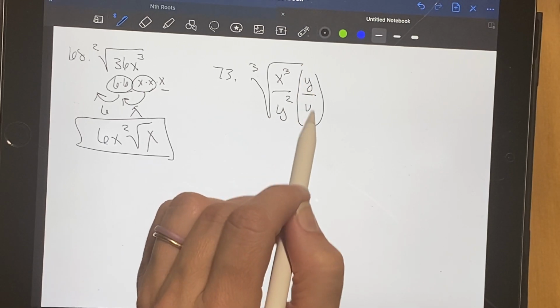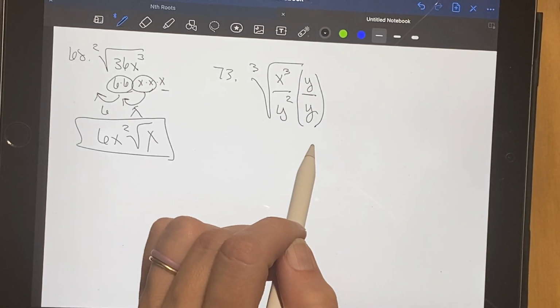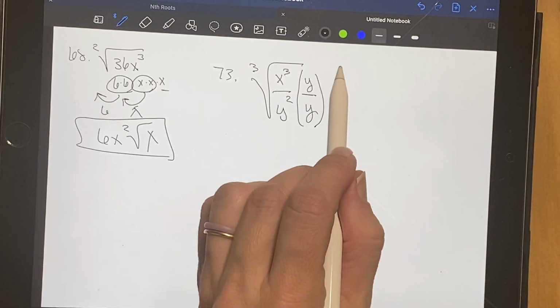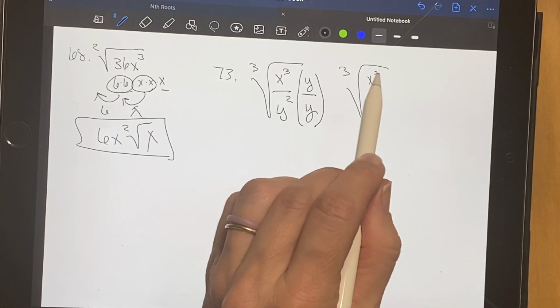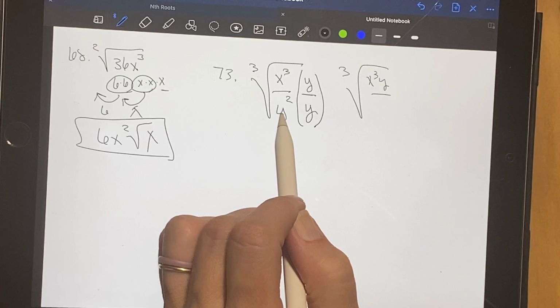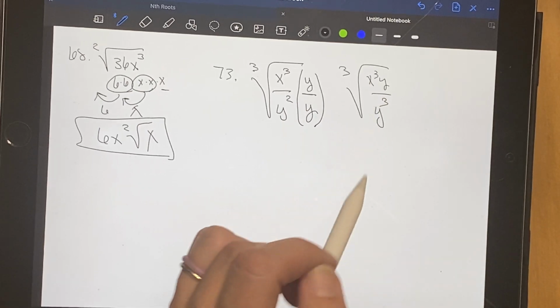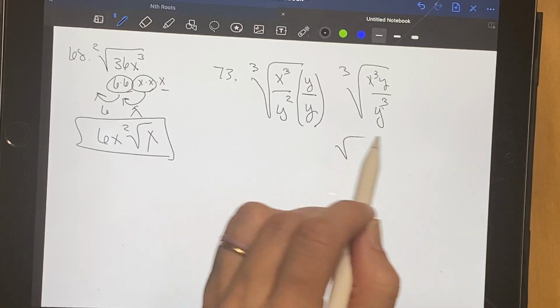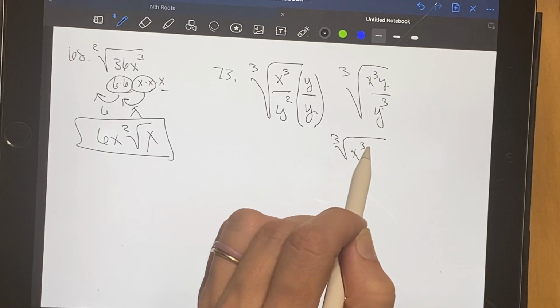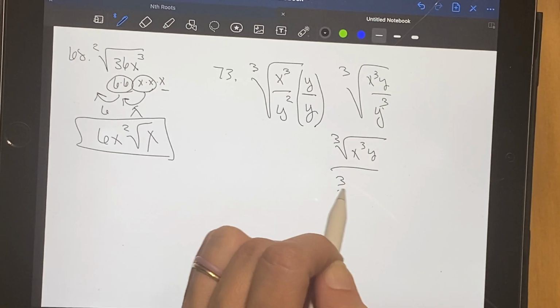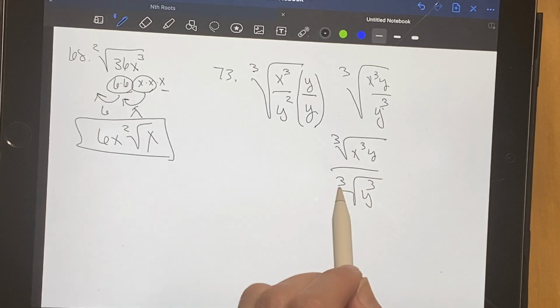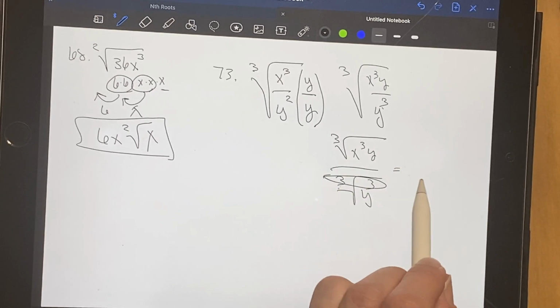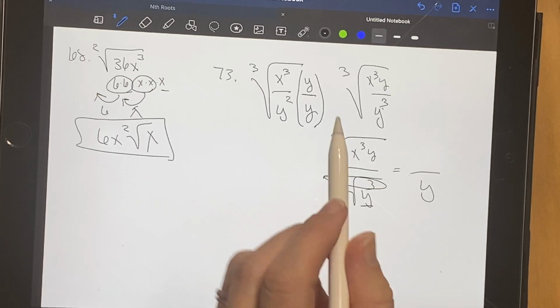So I'm going to do y over y is the number 1, and that gives me x cubed y on the top, and it gives me y cubed on the bottom. So now I have the 3. So when we separate it out, cube root of x cubed y over the cube root of y cubed, my index and my exponent match, so I simply have my base.